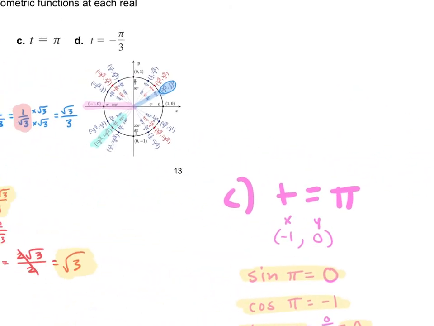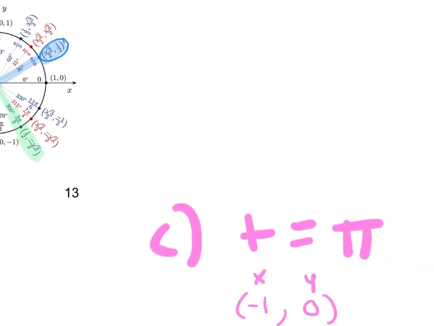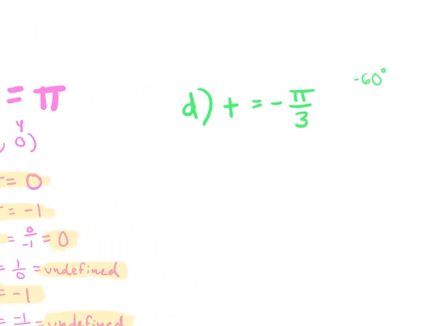On our unit circle, we start at 0 and go in the negative direction. What would be the positive version of negative 60 degrees? 300 degrees, which is 5 pi over 3. So here we can say negative pi over 3 or 5 pi over 3.